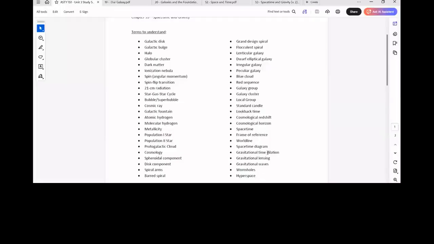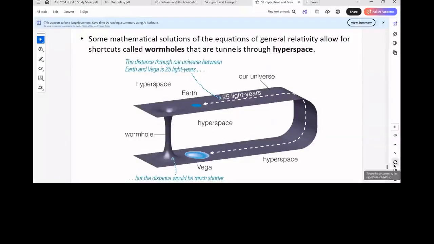Wormholes in hyperspace are related to the curvature of space-time. If we imagine that the gray thing that we see here in our slide from our notes represents space-time, and space-time is curved severely enough, it should be possible for a wormhole or a tunnel to exist that links the upper part of this section of space-time to the lower part.